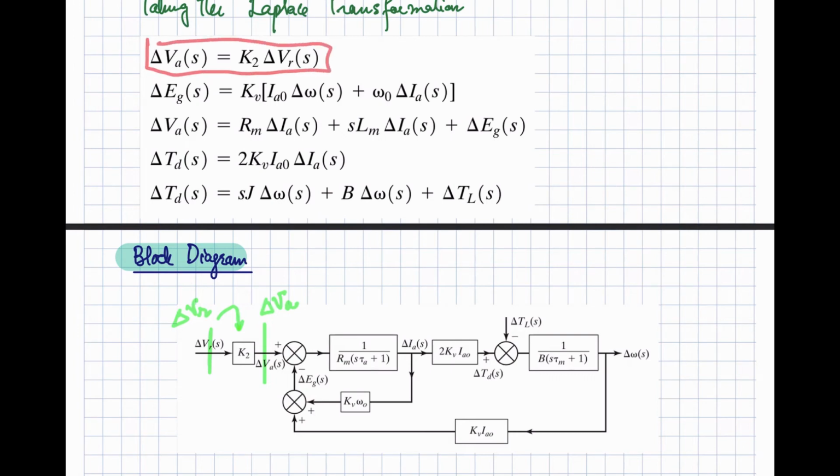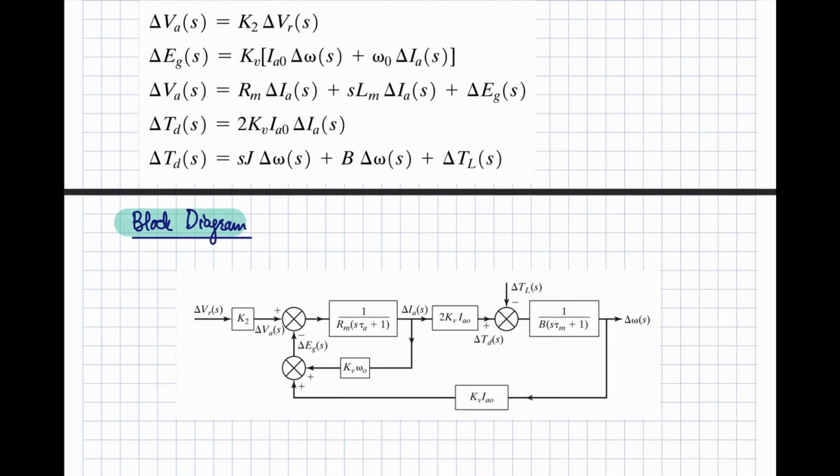Okay, then from all of these equations, as we have already done for the shunt and the separately excited motor, you can develop this diagram. This is the control diagram. So here you can see the load torque. This may be considered as the external torque disturbance that is coming from this equation.